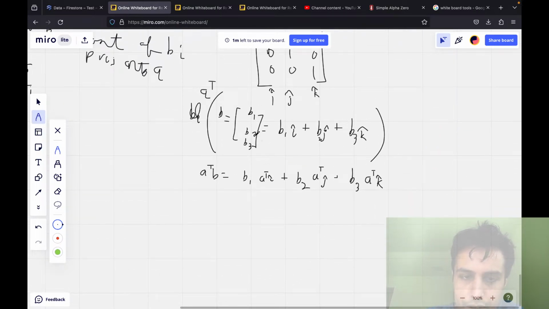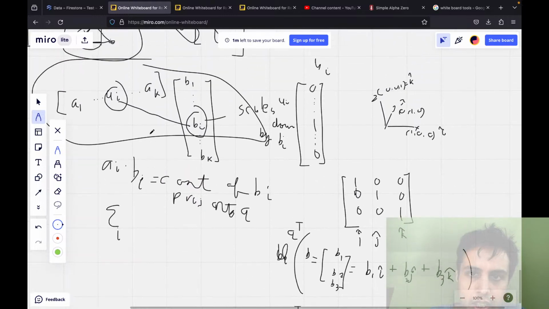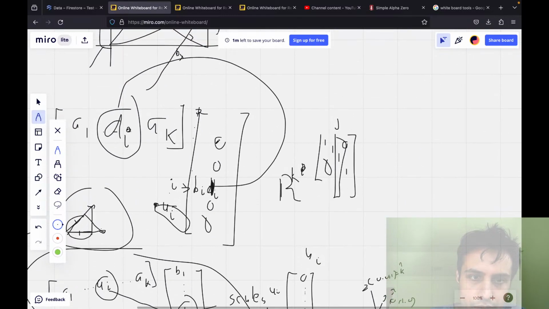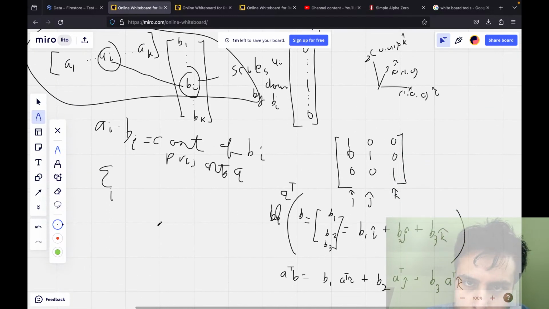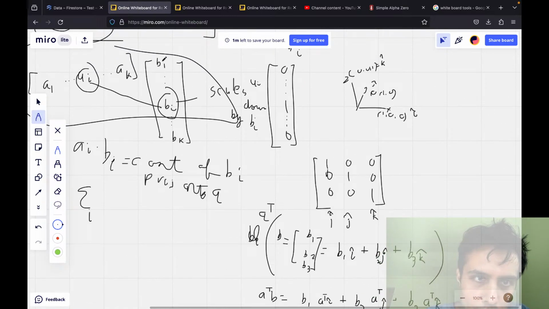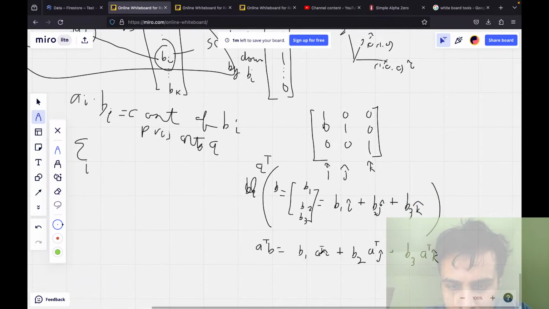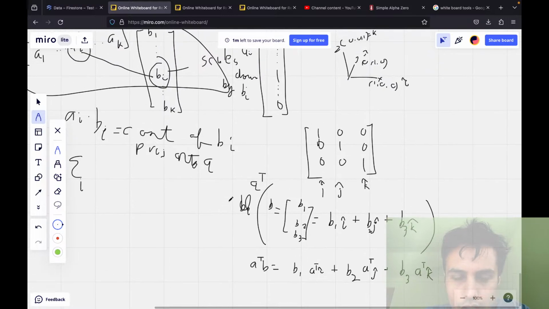Here, B is a bunch of coordinates, B1 dot dot dot Bi all the way to Bk. The ith coordinate references the ith vector in these listed bases.